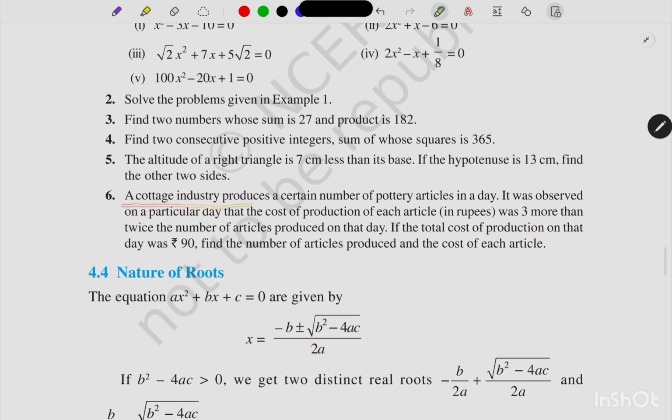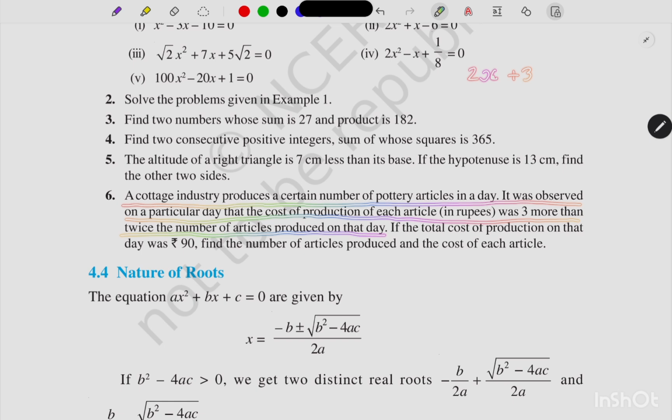Now, a cottage industry produces a certain number of pottery articles in a day. It was observed on a particular day that the cost of production of each article was 3 more than twice the number of articles produced on that day. So, let's say x is the number of articles produced on that day, and that means the cost of producing one such is 2x plus 3.